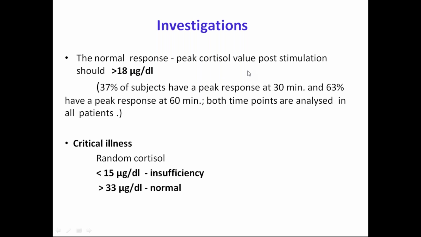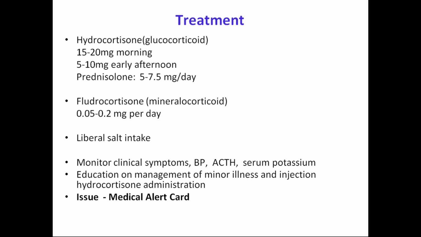So treatment includes giving the steroid hydrocortisone 15 to 20 mg in the morning, 5 to 10 mg in the early afternoon, and prednisolone 5 to 7.5 mg per day. And fludrocortisone, a mineralocorticoid, 0.2 mg per day, liberal salt intake, and issue a medical alert card. And monitor BP, ACTH, serum potassium, and education. Why the medical alert card? Because whenever he comes to any casualty with any medical problem, we can correlate and we won't stop the prednisolone.